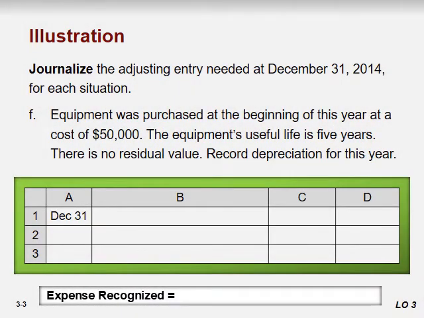The F entry is that, remember, we are making it for 31st December 2014. Equipment was purchased at the beginning of this year at the cost of 50,000. The equipment's useful life is 5 years and there is no residual value, which means at the end of the 5 years the equipment value would be 0.